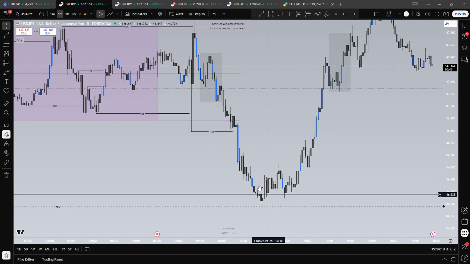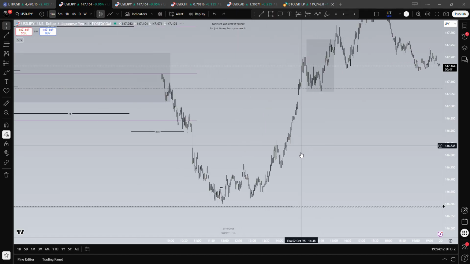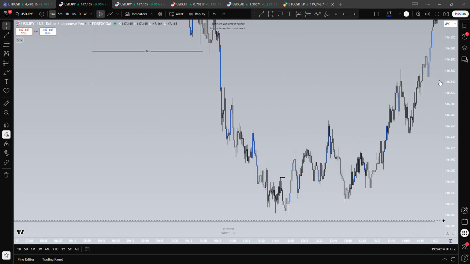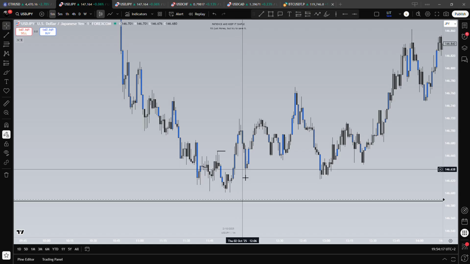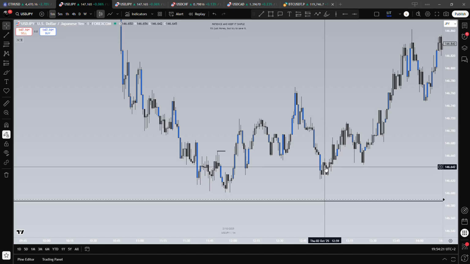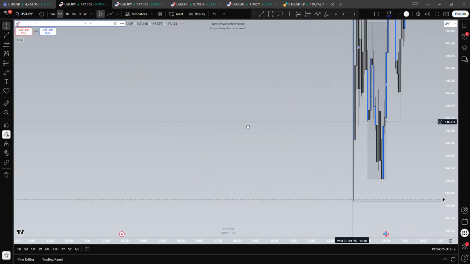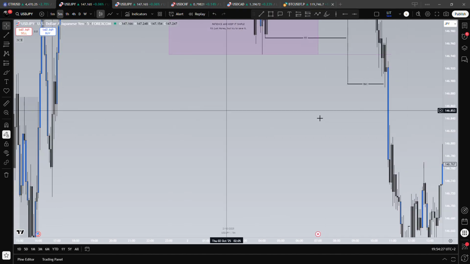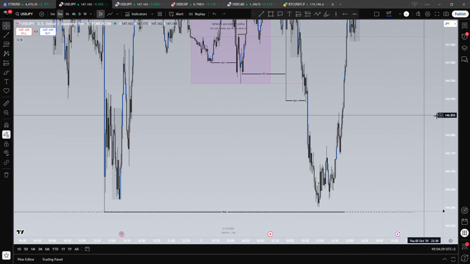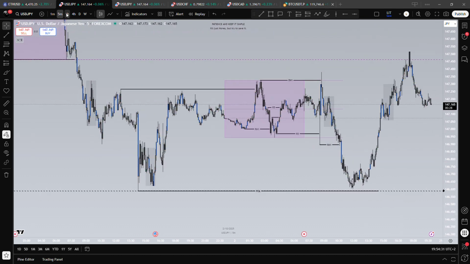The break of structure is here. Mitigated, well, probably. Let me see on M1. So yeah, on M1 we had mitigation, no confirmation here, maybe here, but no, I don't think so. So obviously I'm not gonna trade that out of timing, but it's interesting to see.